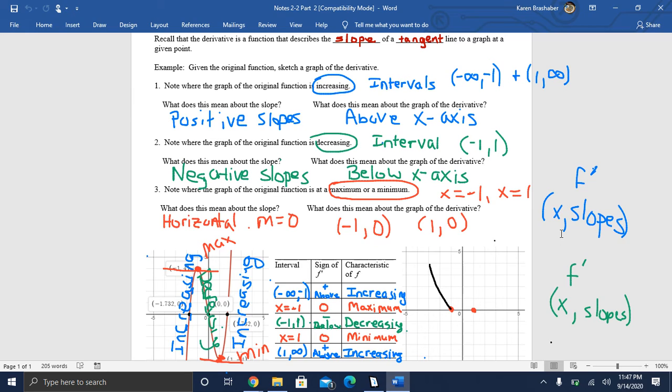Then when I'm in between -1 and +1, my graph has to be below the x-axis. Now, I don't know exactly where, but I know that it has to be below and it has to be ready to go above the x-axis by the time I get to 1.